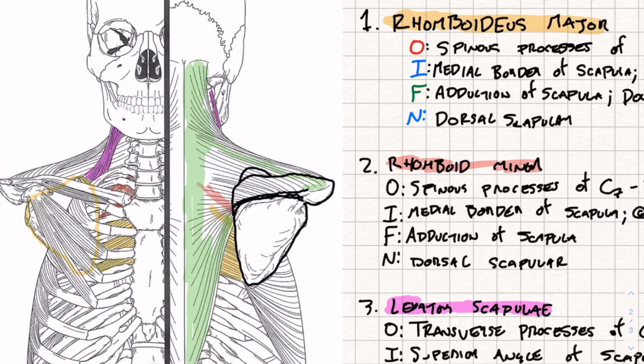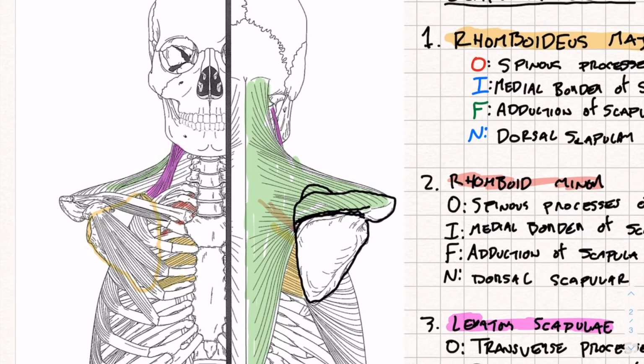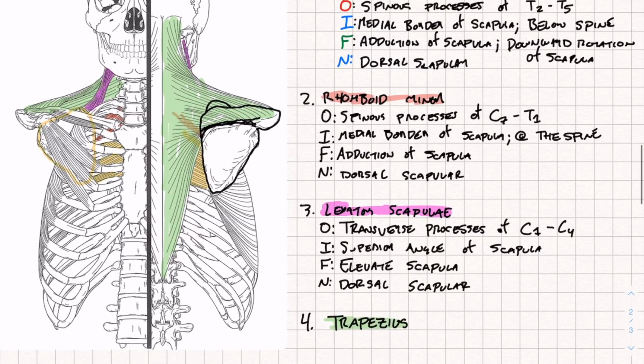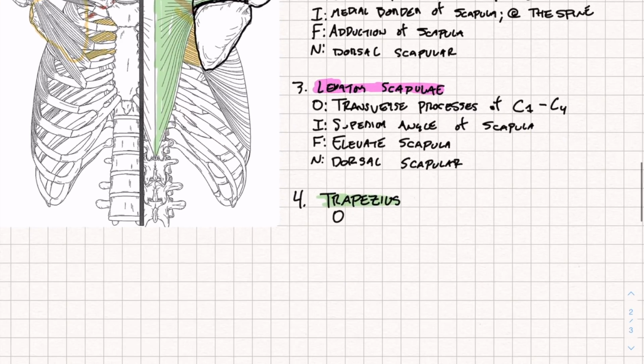It swings around here. And then on this side, it's going to be coming around like this. Attaches to the clavicle and the scapula. Okay, so there's our trapezius. We're going to go through this again. Origin, insertion, function, nerve.